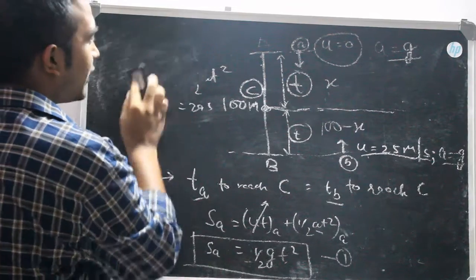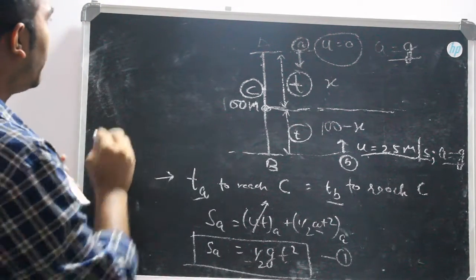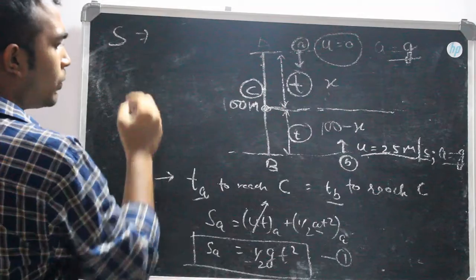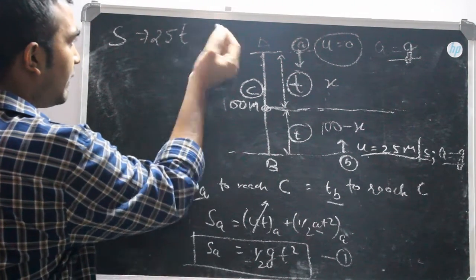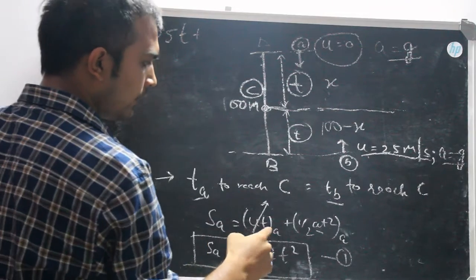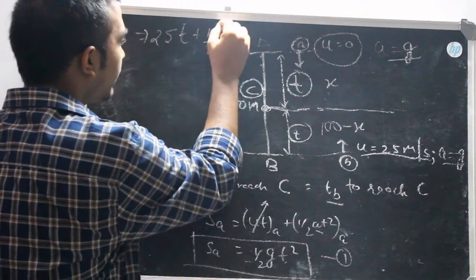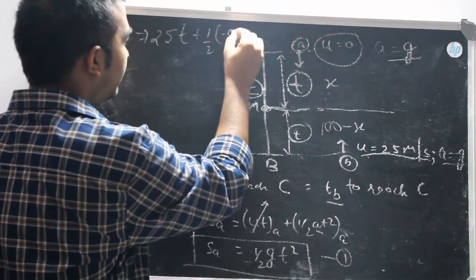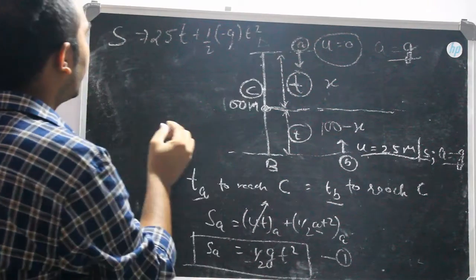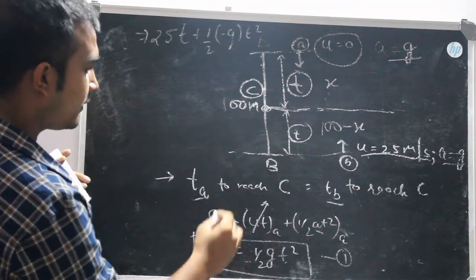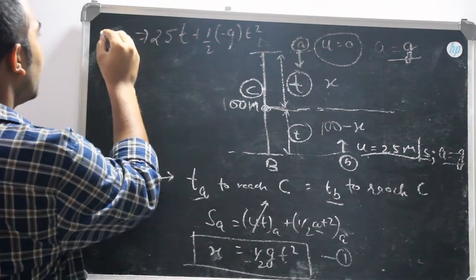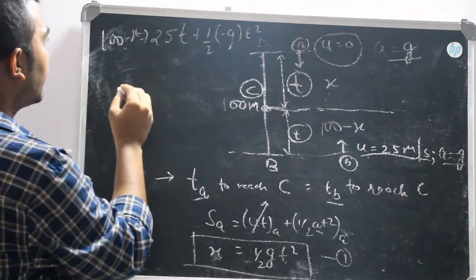The same equation I'll use for the second ball B. So s equals ut plus half at square. u is nothing but 25, it is going to travel for time t, and a is nothing but minus g. And this is going to travel S_A, I can say it is x, S_B is nothing but 100 minus x.